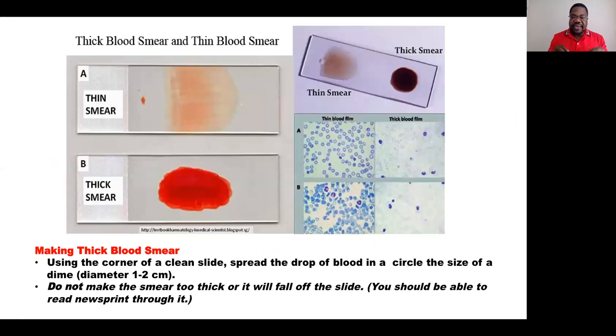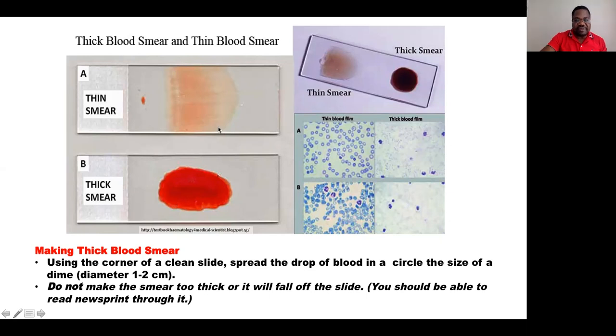But how you make a thick smear is that you place your drop of blood, then you use the corner of a second clean slide and you spread the drop of blood in a circle, just to achieve a size of 1 to 2 centimeters in diameter.